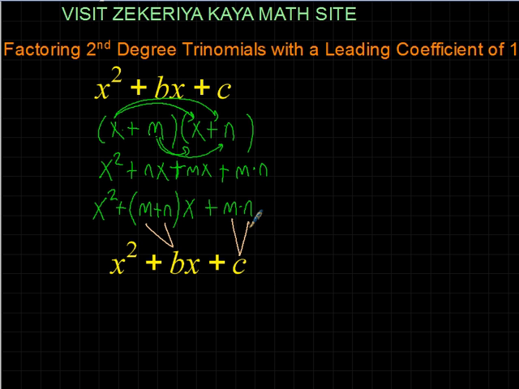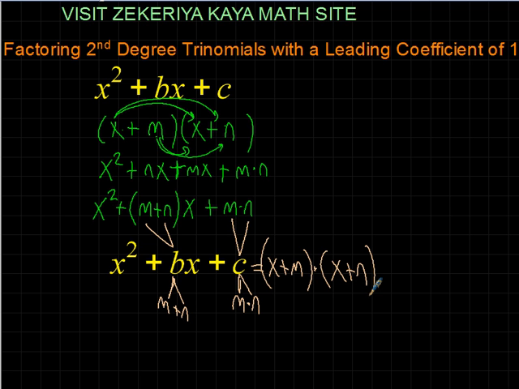When you see this kind of expression, you look for the constant number c. If you can find two numbers whose product makes c and whose sum makes b, you can factorize this expression as x plus m times x plus n.